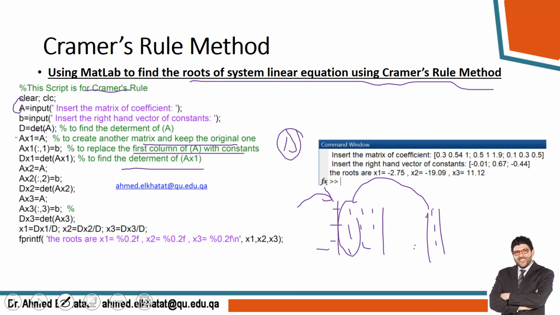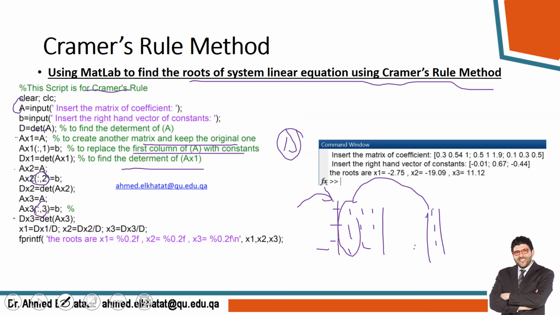We can do the same for the second and third x. For AX2 equals A, we create another matrix for x2, then replace the second column. Here we replace only the second column instead of the first one, and then find the determinant. And here we replace the third column and find the determinant.